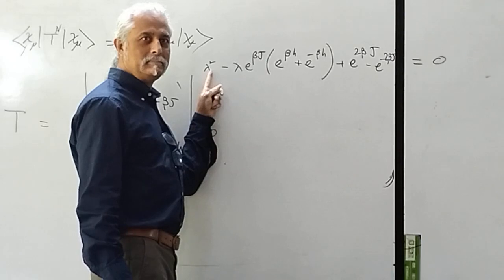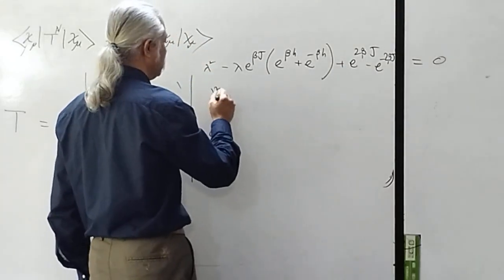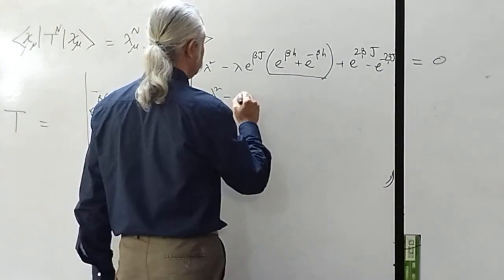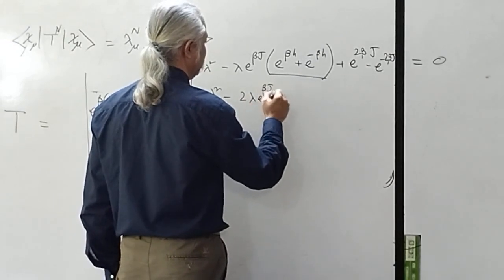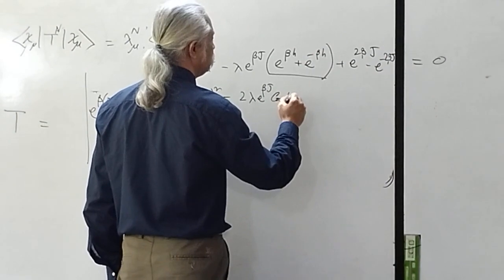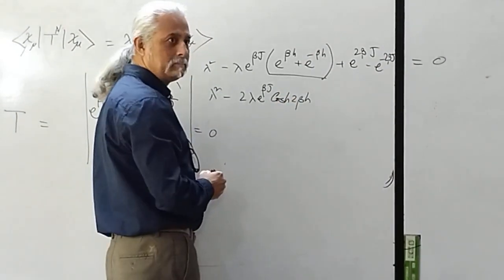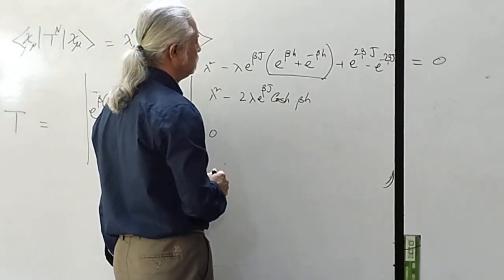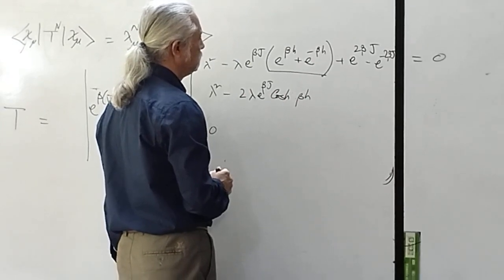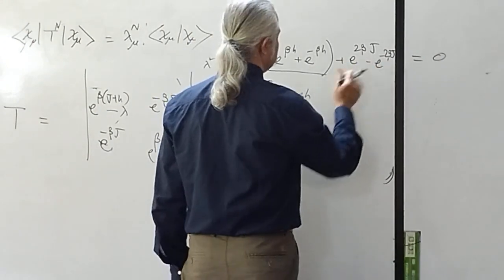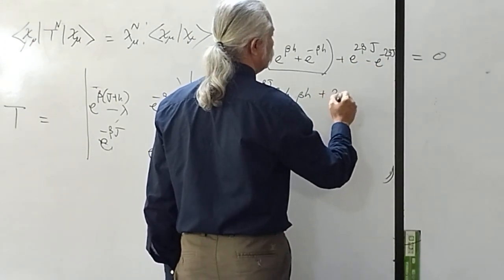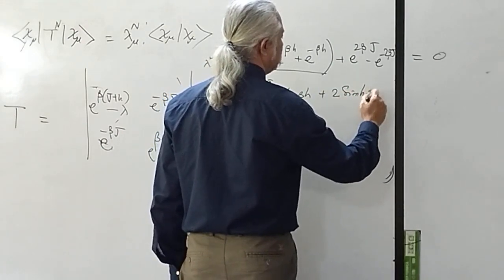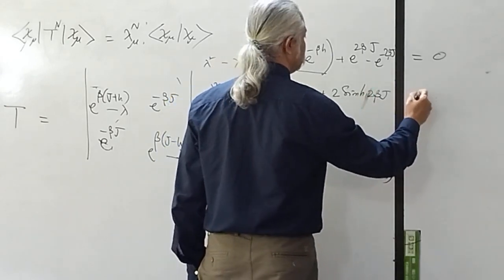solution for lambda. আমরা আরেকটু কাজ করে নেই, lambda square minus, তাহলে এটা সমান কত? 2 lambda e to the power beta j cosh 2 beta h. এখান থেকে আসবে plus 2 sinh 2 beta j equal to, am I right?